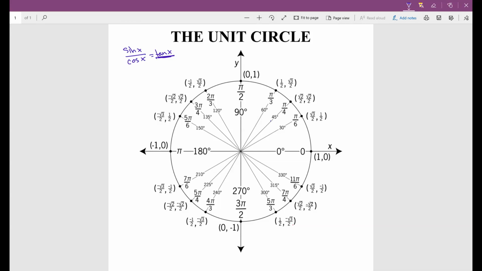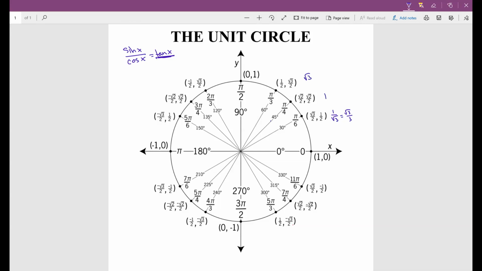So here, because it's a sine over cosine, in this case you're going to get 1 over square root of 3. Okay, if I divide the 1/2 divided by square root of 3 over 2. Another way that you can write it is by rationalizing it, so it will be square root of 3 over 3. Okay, this guy will just be 1. This guy will just be square root of 3.